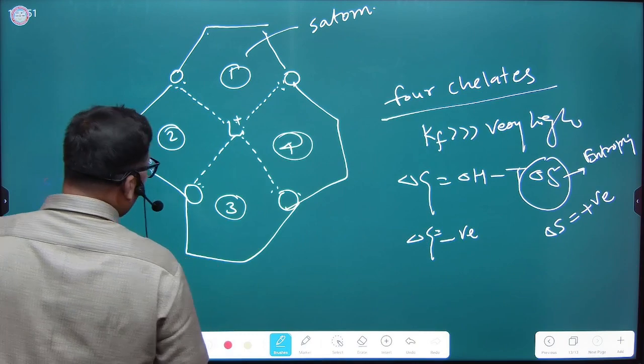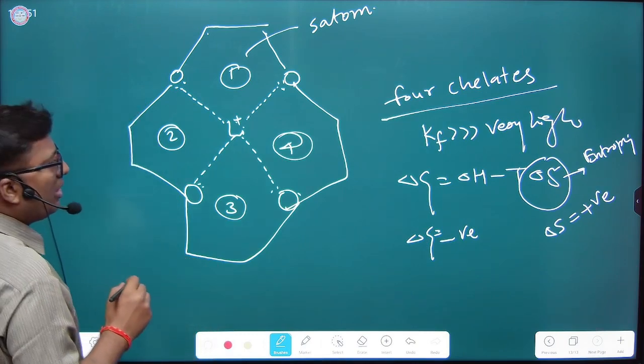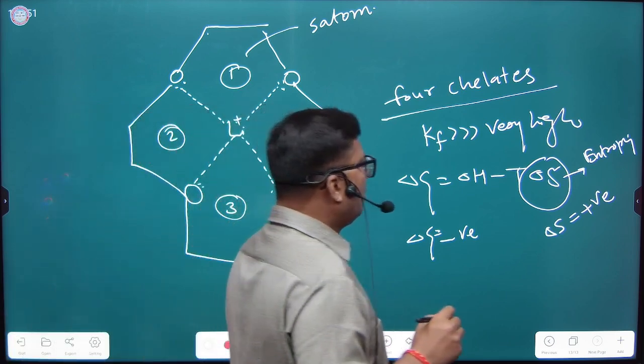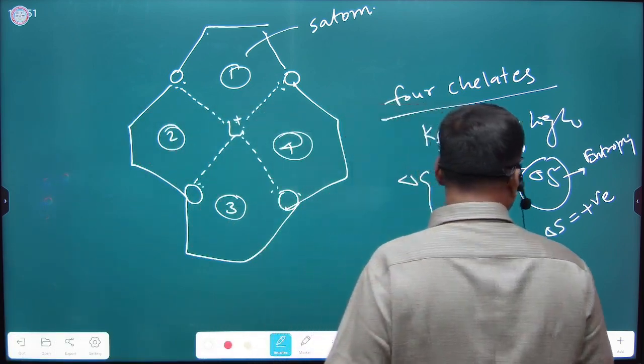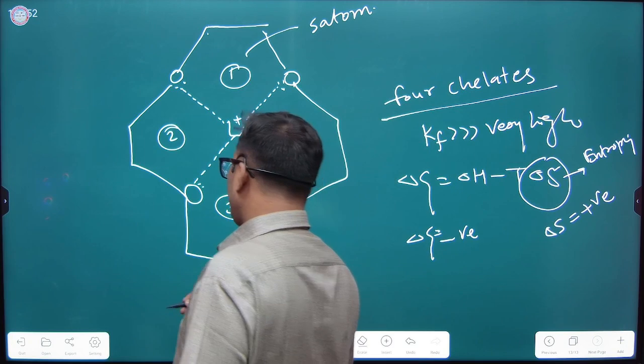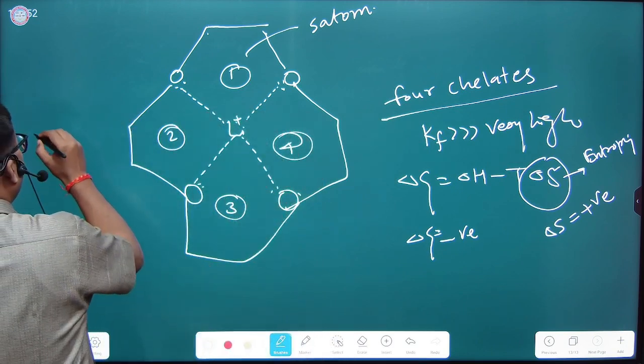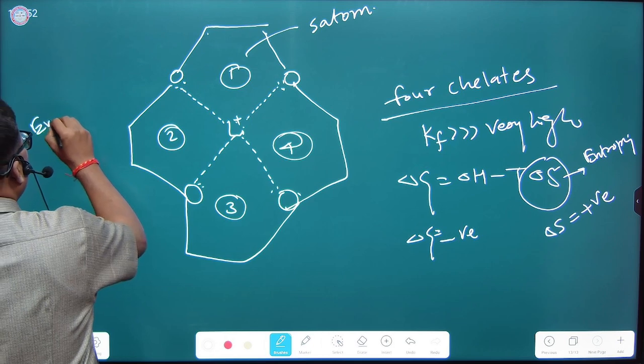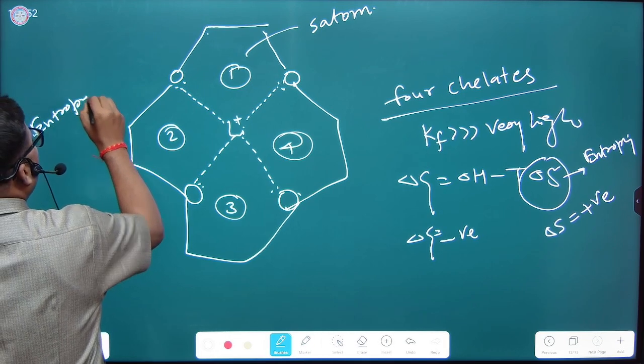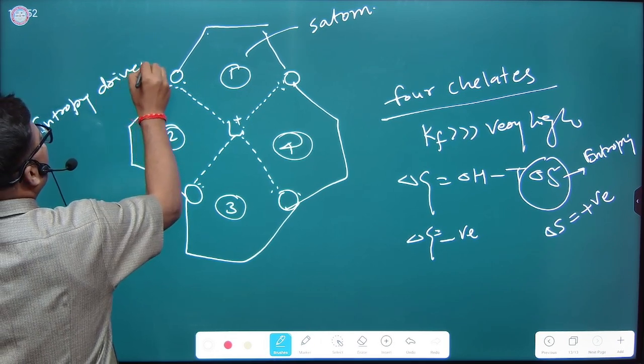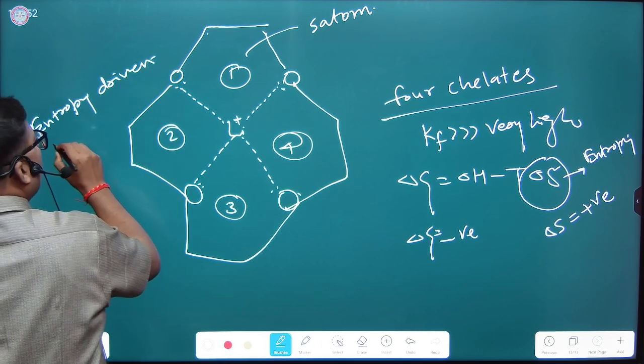Means alkali metal crown ether complex formation is favored by entropy. Entropy driven complex reaction.